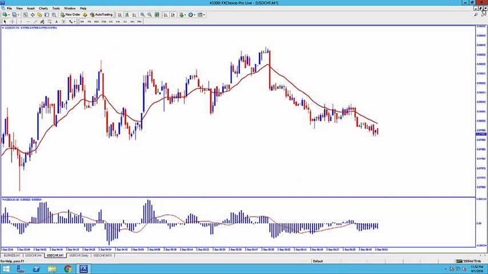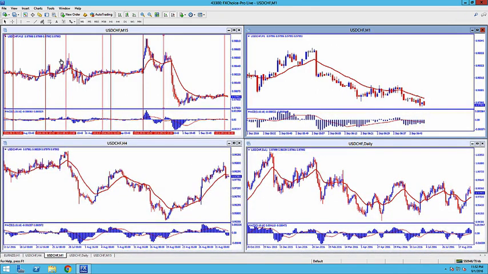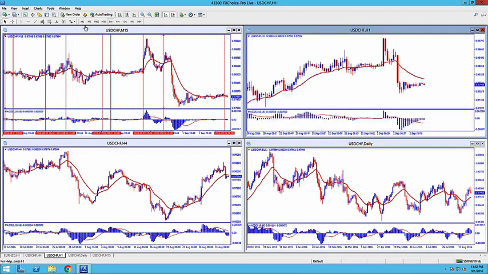Let's take a look at our charts again. So if we look down here, that's a daily chart. Let's just make this hourly, and this 15. So let's take a look at everything together one more time. So USD daily chart, that means each price bar is a daily.